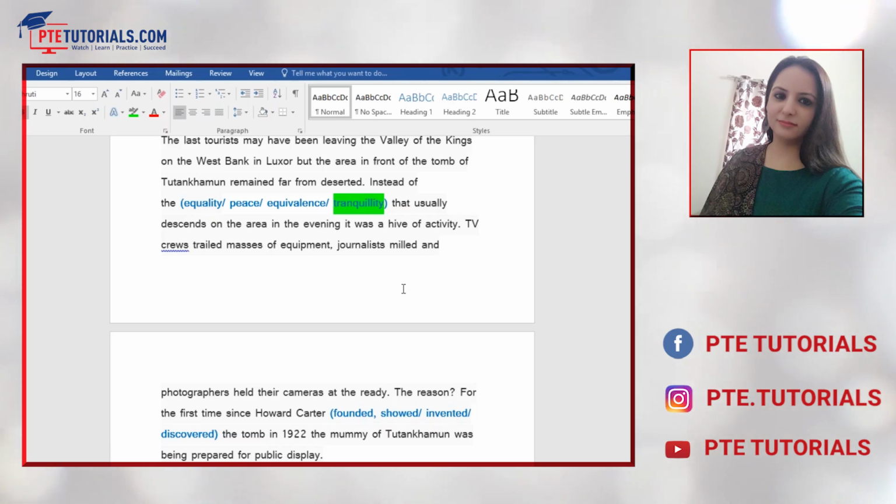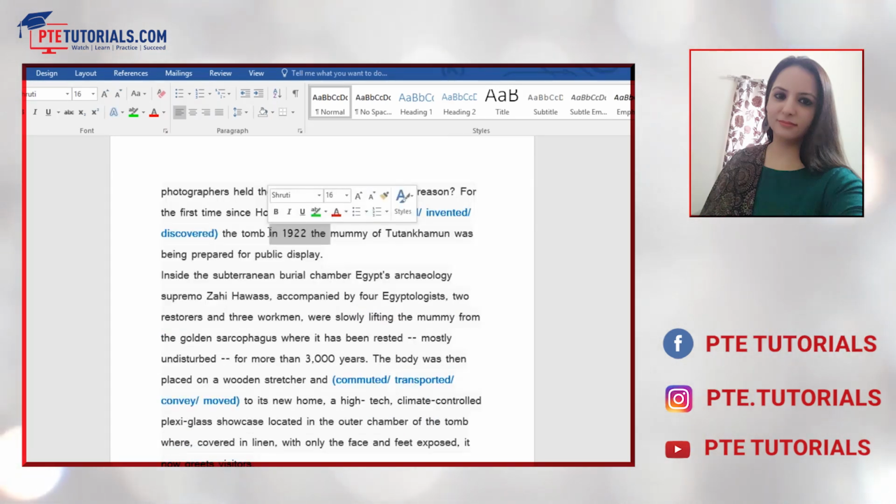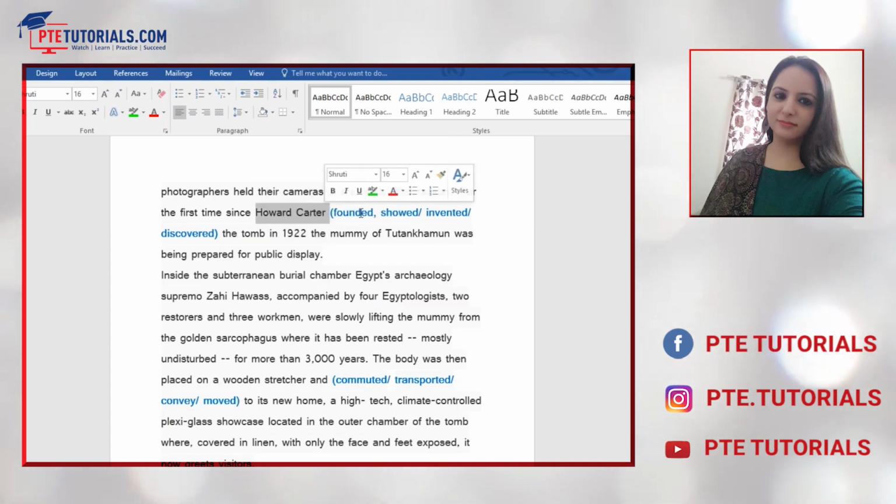Is he founding something, the building? Is he showing something? It's not an invention. Already it was there. He just got it in the year 1922. So I'm left with only discovered. Howard Carter discovered the tomb in 1922.